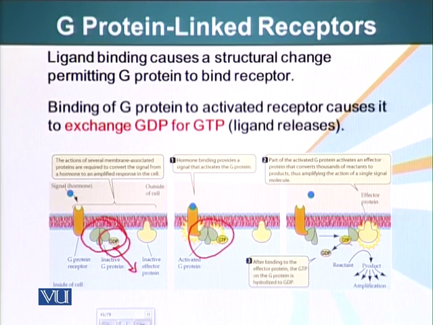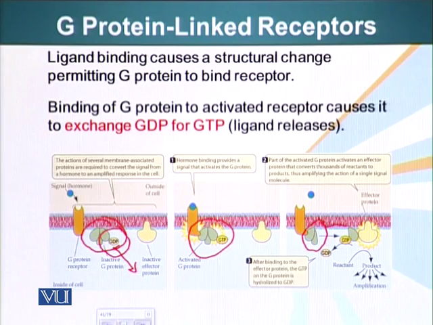Once the G protein is activated, it splits into 2 parts. G protein is made up of 3 different proteins: alpha, beta, and gamma. The alpha subunit of this protein dissociates, whereas beta and gamma stay together. The alpha subunit then moves to the other part of the cell.